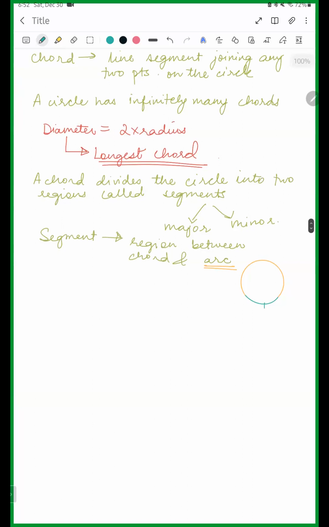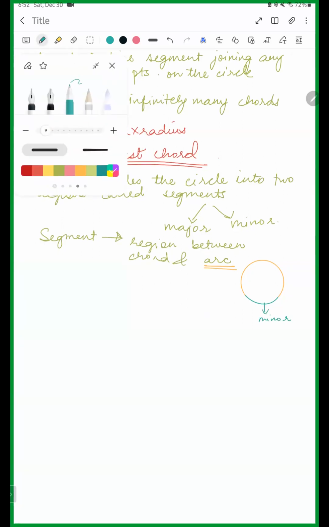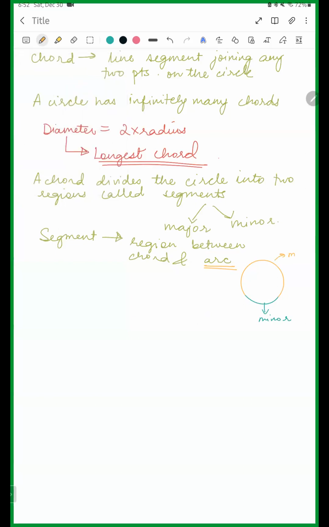This is the minor arc and the yellow one is your major arc. Similarly, you have a major segment and a minor segment.